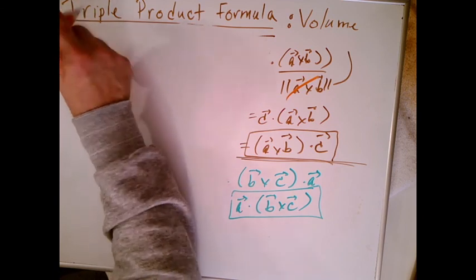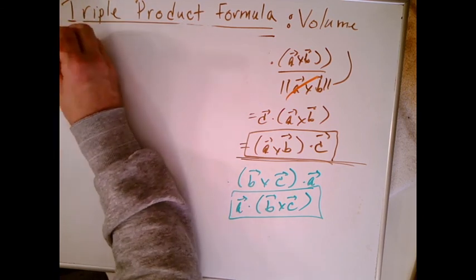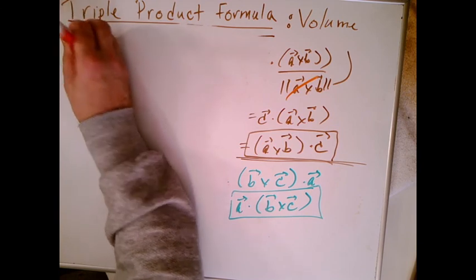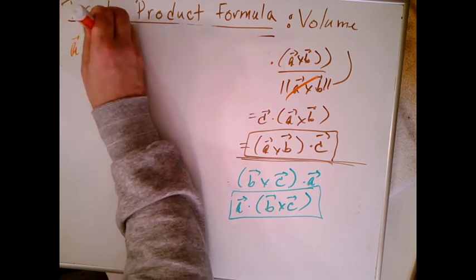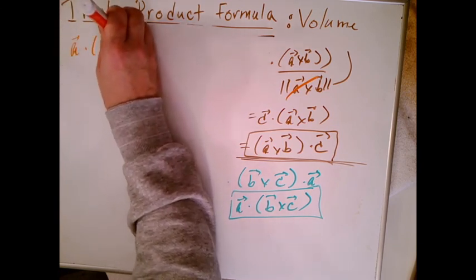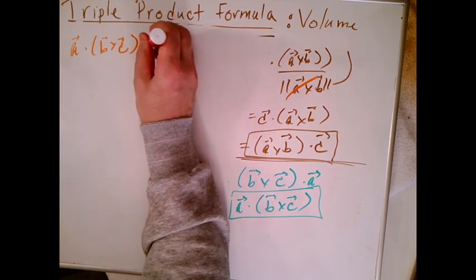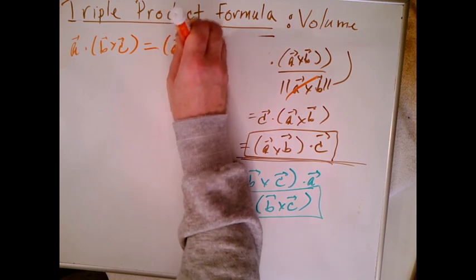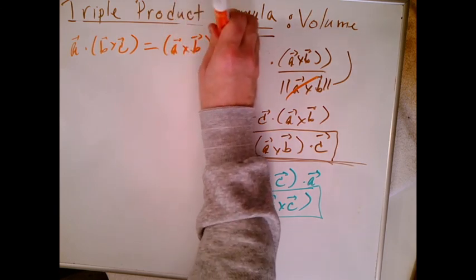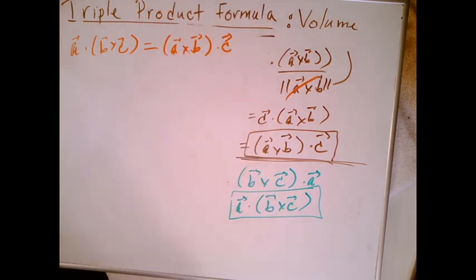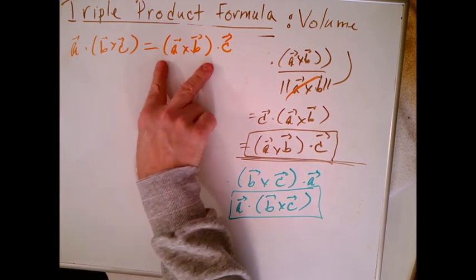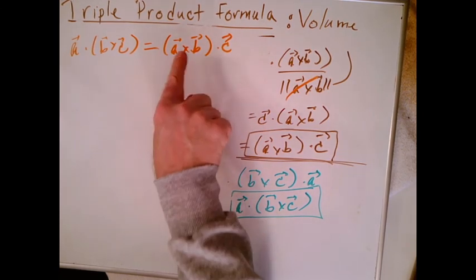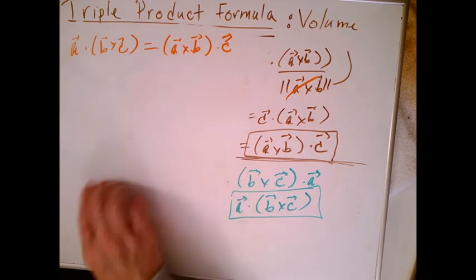It's A dot B cross C is exactly the same as A cross B dot C. In other words, if you try to associate these parentheses with these parentheses, the cross turns into a dot, the dot turns into a cross.